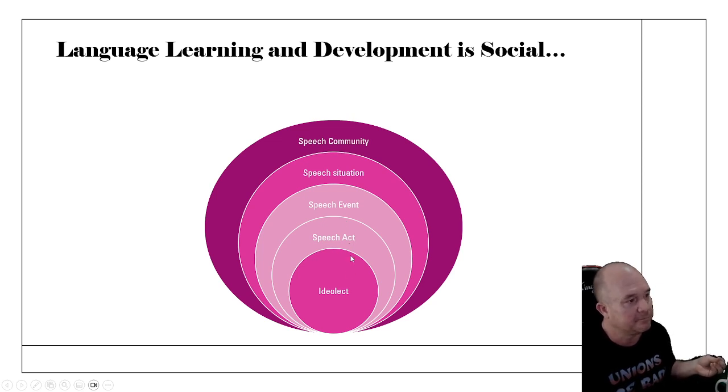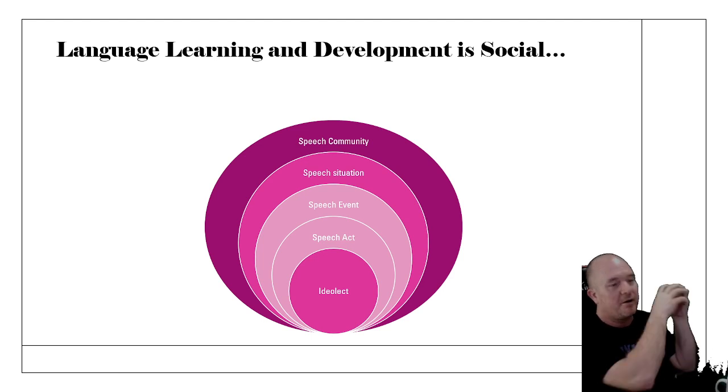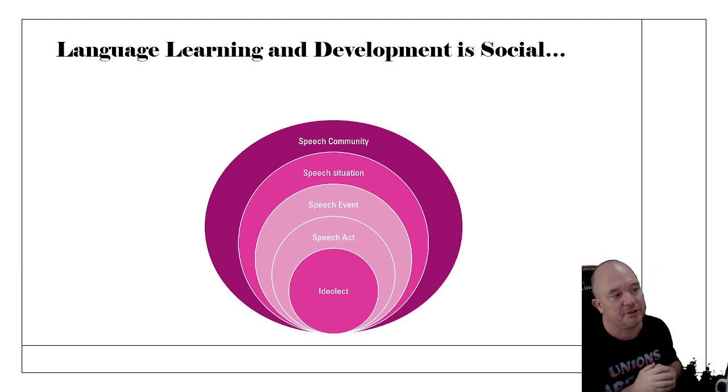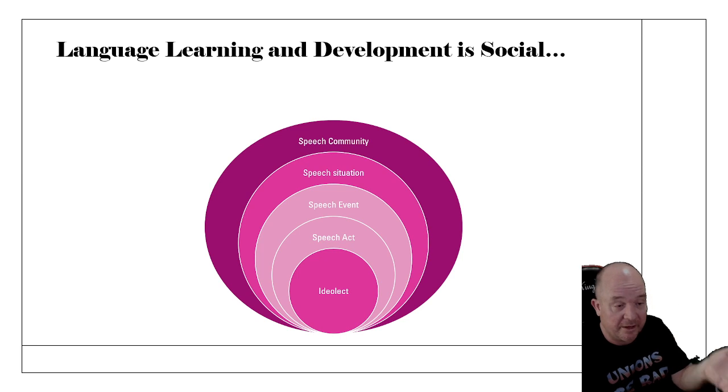So I just want to make that clear: we can't just dissect the language out of the social aspect of language. Language is enveloped in the social world, and it can't be analyzed in a vacuum, although people do try. But we're talking more about social linguistic frameworks of language development, which is more appropriate to how pedagogy works with literacy learning.